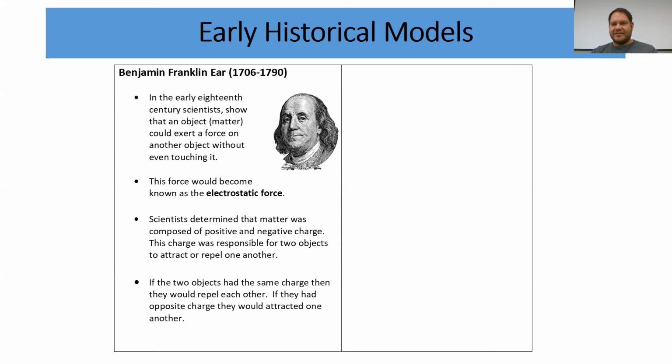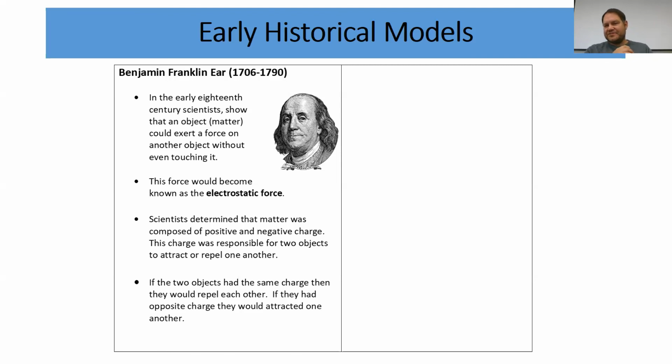And what they noticed is that some objects that had the same charge, instead of really attracting one another, tended to push away from one another, or repel one another. Whereas they noticed that if objects had different charges, they tended to attract one another. And so they assigned charges a plus and minus sign.